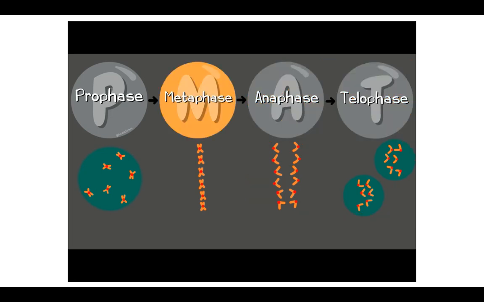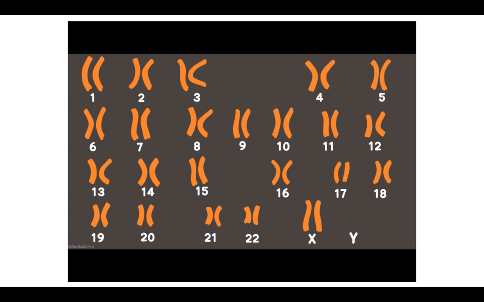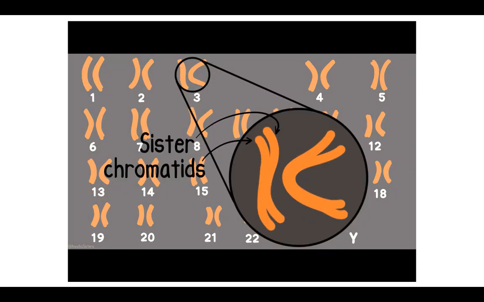For optimal viewing, a typical karyotype is taken at or right before metaphase. Recall from mitosis that in metaphase, the chromosome would have two joined sister chromatids. It's just that many times the joined sister chromatids of the chromosome can be so close together that to an untrained eye, it might be difficult to see that each chromosome in the karyotype technically has two sister chromatids.